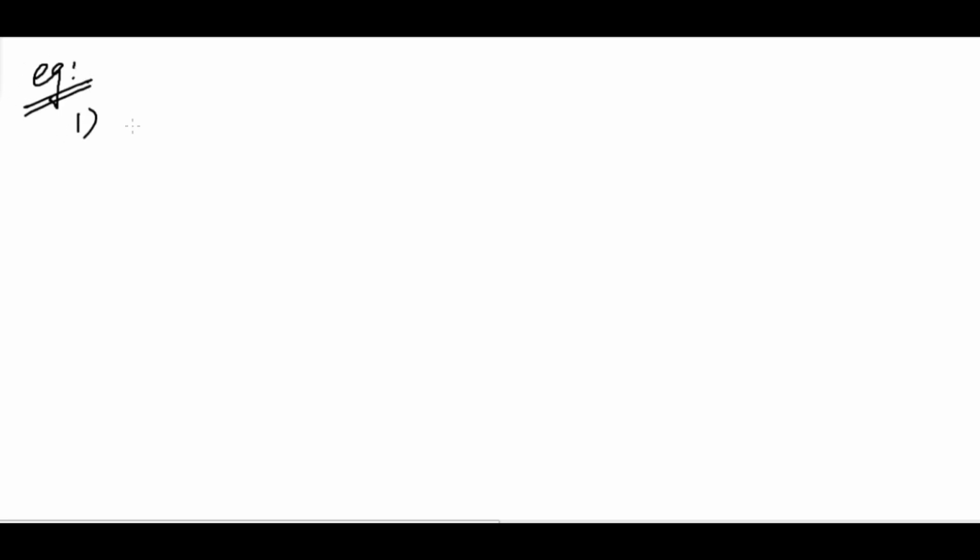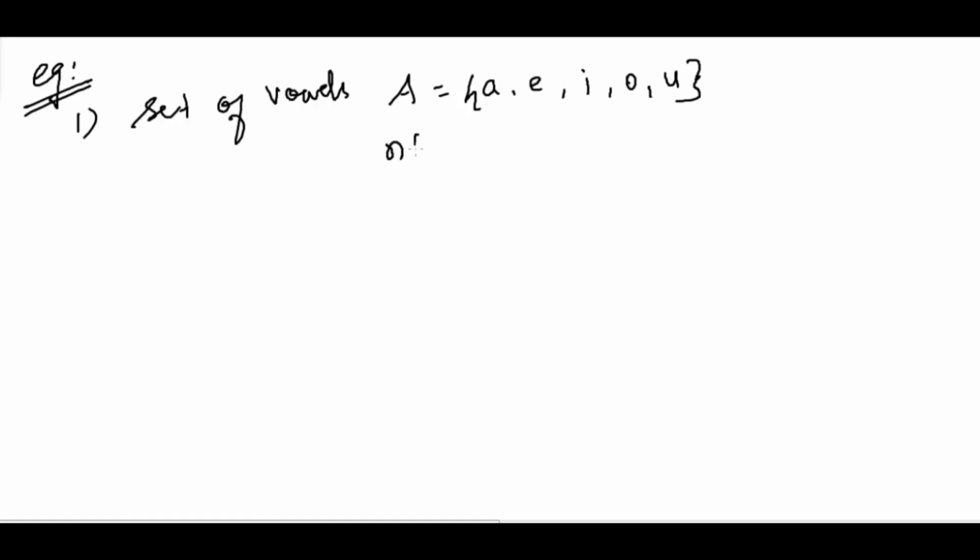First one, set of vowels. Let us name the set as A. Vowels we know: A, E, I, O, U. So n of A is equal to 5 here. This is a finite set.